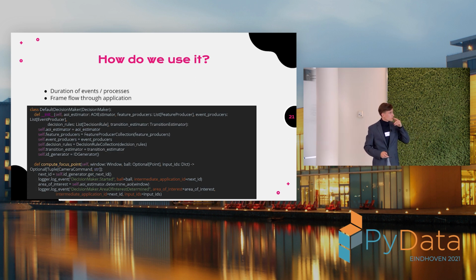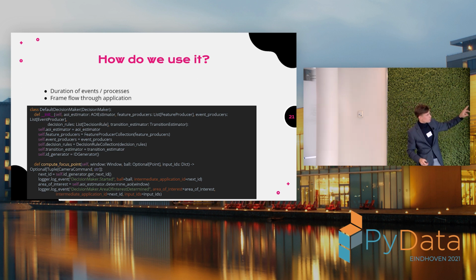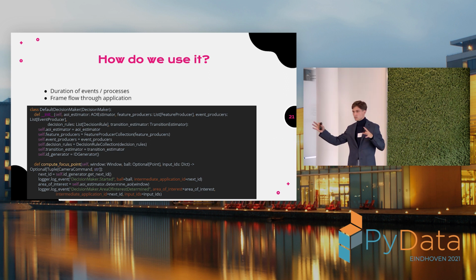So how do we use it? This is another code snippet that I'll go through very quickly. This is the decision maker that I talked about before. We have the input, decision maker, and then the camera control. For the input, we do several steps. We have an estimator which estimates where the area of interest is based on all the player coordinates.